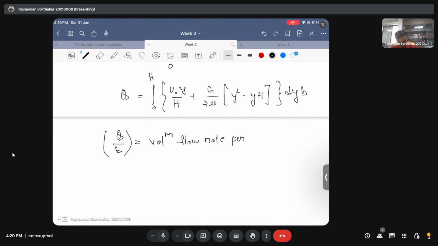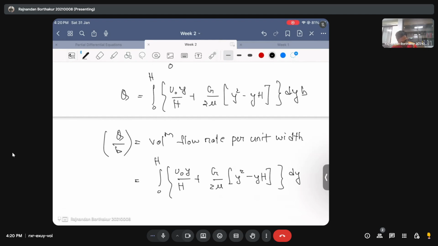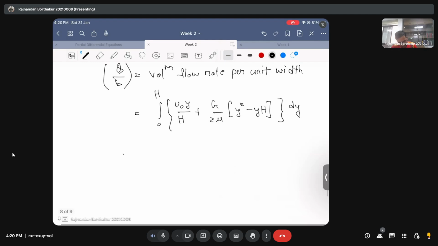Then this is going to be the integral from 0 to h of u naught y by h plus g by 2 mu times (y square minus y h) dy. So let's do this integration. This will be u naught by h times the integral of y dy, which is y square by 2.